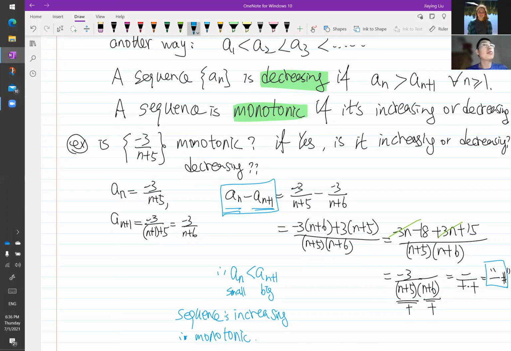Could we just plug in n equals 1 and n equals 2 to see which one is larger or smaller? Yeah, why not, right? But mathematically, you have to be very careful, because you might have a formula where you plug in n equals 1 and n equals 2 and find that one of them is bigger.